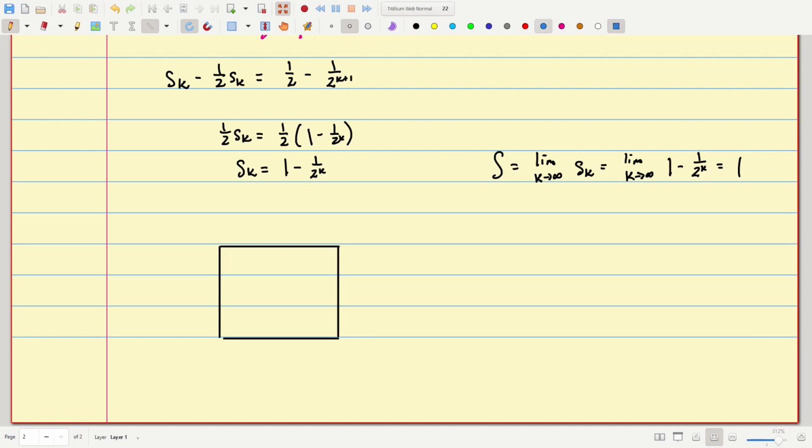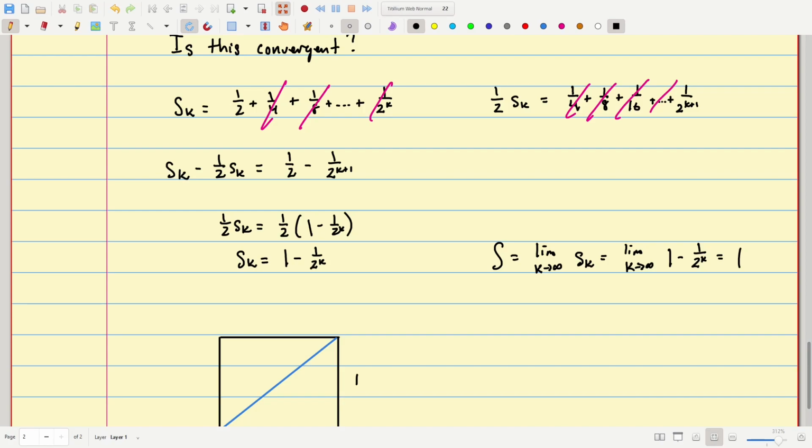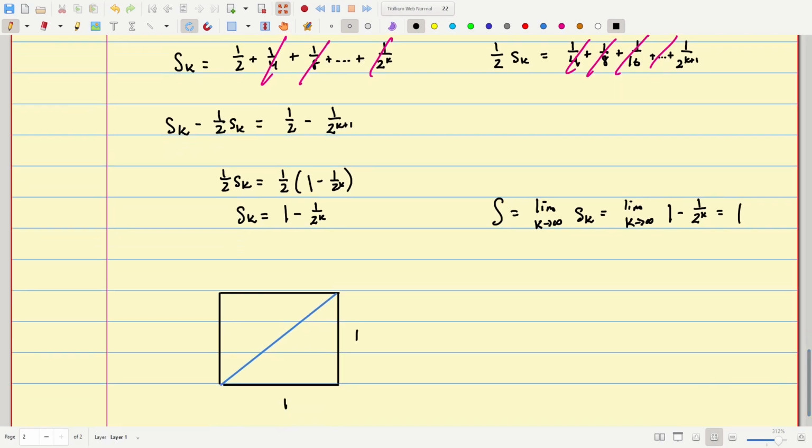Now, if all of those have length 1 on the side, what's the area of those triangles I just drew? 1/2, right? So I'll just write it out again. The sum goes on forever, right? So this is 1/2.